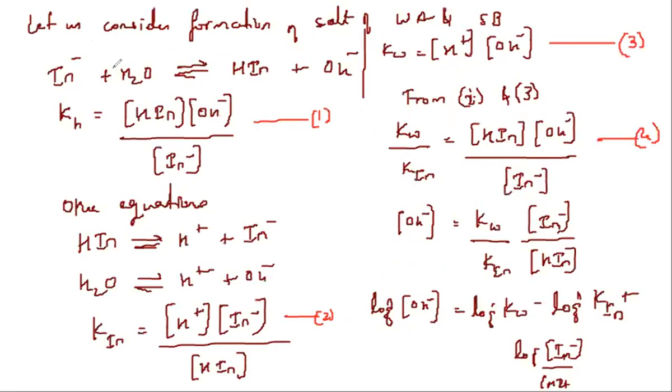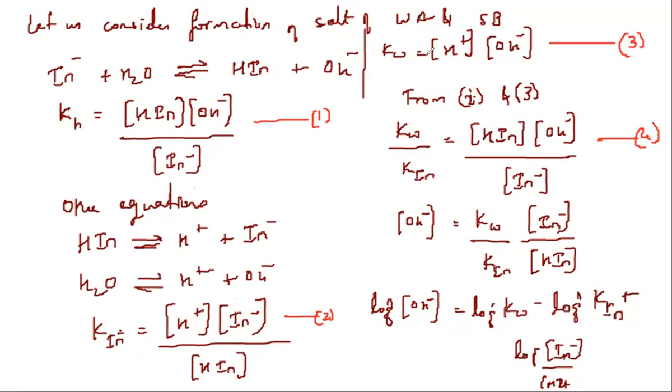So let us consider this reaction. I'll get K_h. Call this equation 1. Other equations, what are happening in the reaction? HIn dissociation to give this, H2O dissociating to give this. So K_In is H plus into In minus divided by HIn.